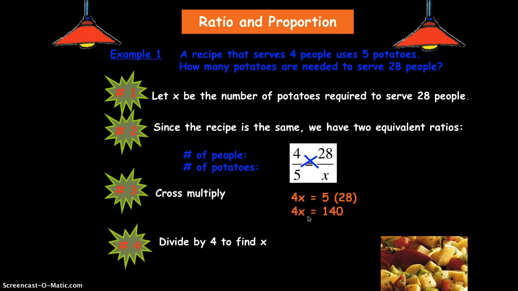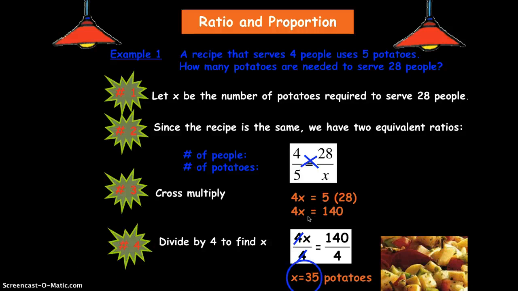So 4x divided by 4 is equal to 140 divided by 4. 4 divided by 4 is equal to 1. So you will just have x is equal to, what's 140 divided by 4? That will be 35. So we need 35 potatoes to serve 28 people.